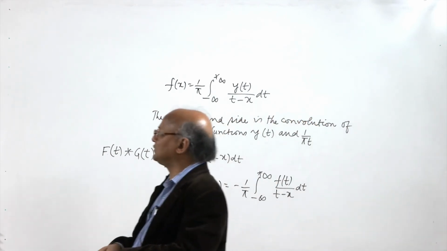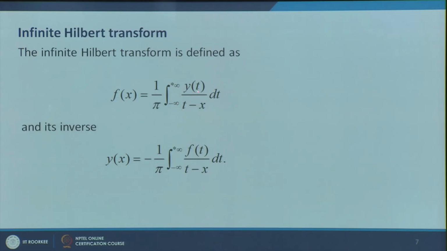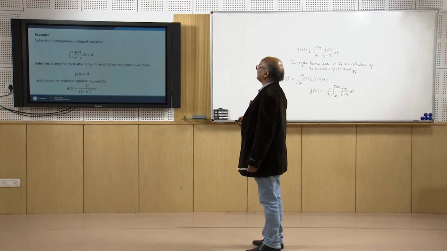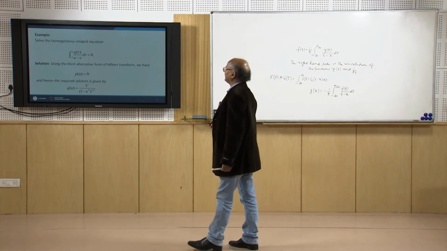So, the unknown function phi in the integral equation is determined by the inverse, that is phi(x) equal to minus 1 over pi integral over minus infinity to infinity of f(t) over t minus x dt.